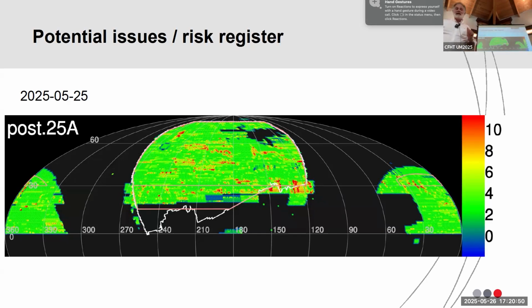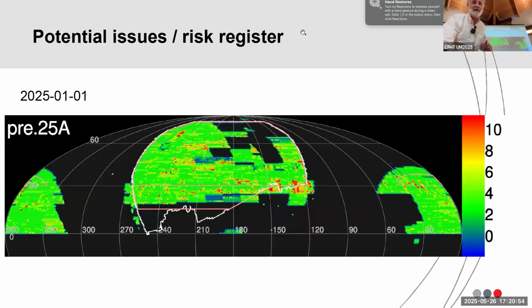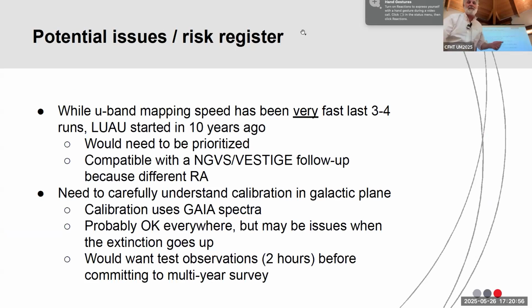Now that we're observing off the North Galactic Cap, it's compatible with something like Alessandro's survey, but we'd have to explore more closely whether it's compatible with the DESI survey that's being proposed.